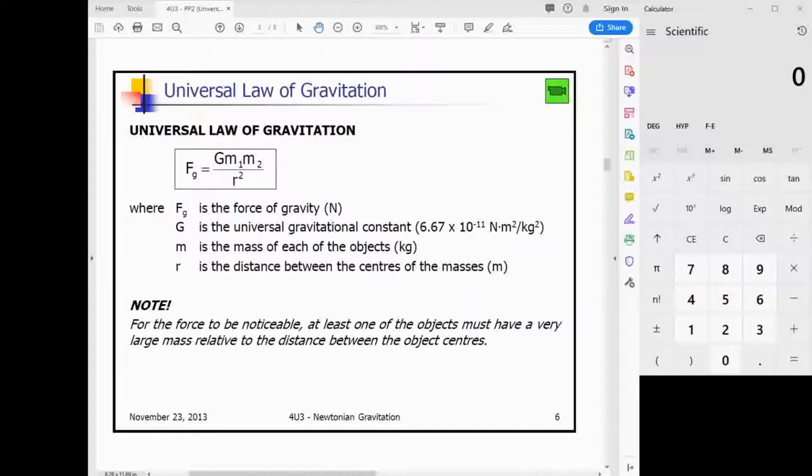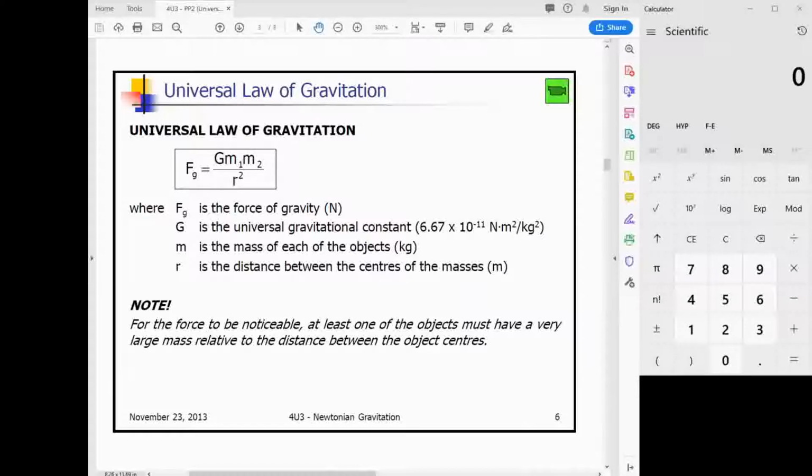So one of the things we could also notice just by looking at this equation is that G itself is a very small number. It's of the order of 10 to the negative 11. That means that in order for a gravitational effect to be noticeable, the product of the masses has to be very large.